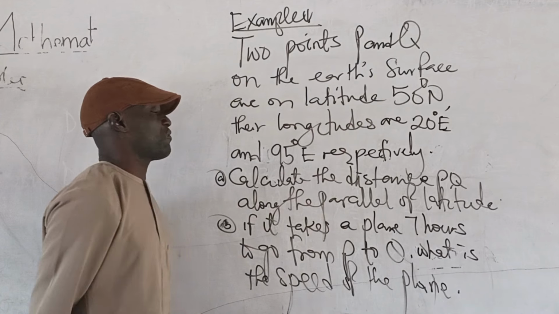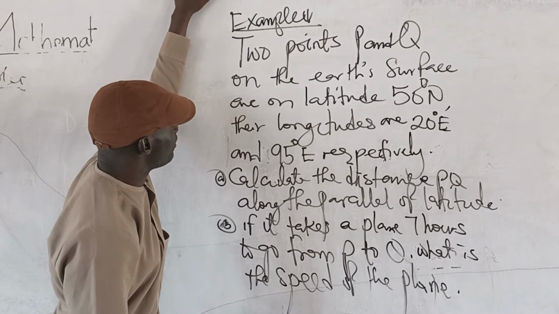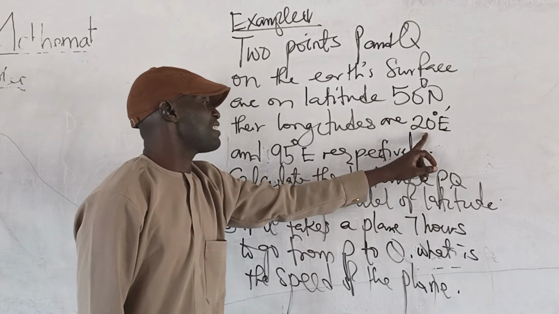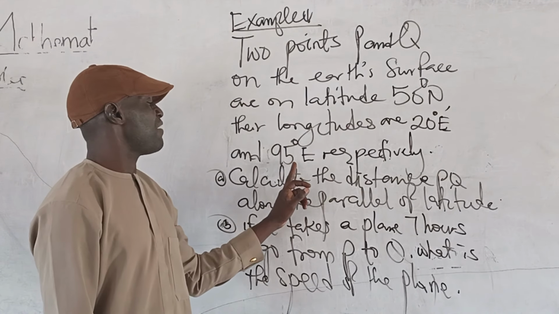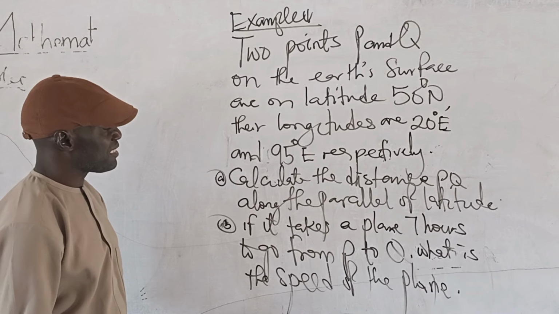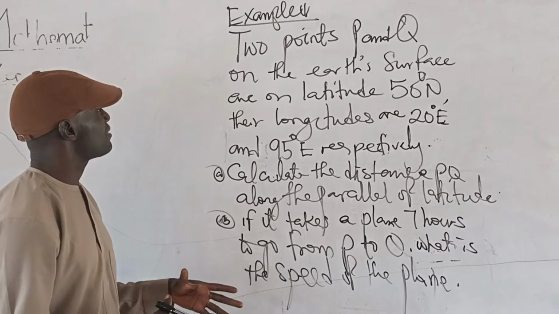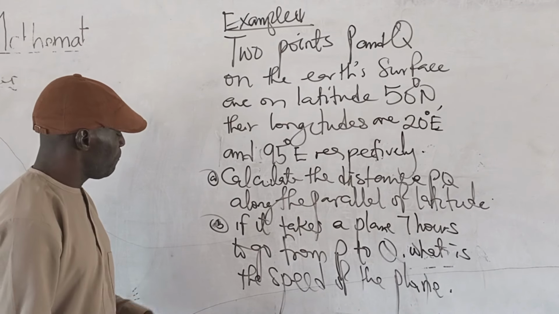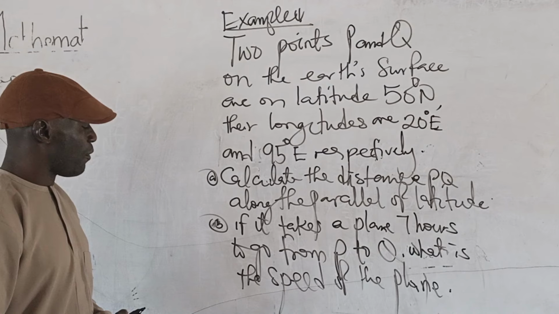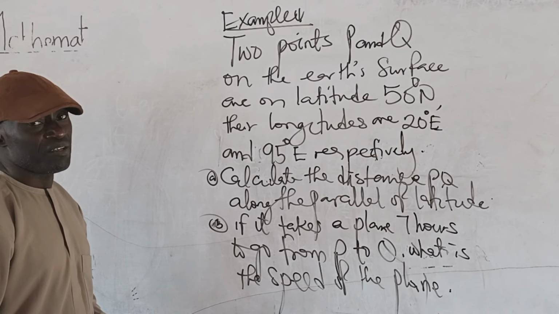Let me quickly go through the question. Example 4 says, 2 points P and Q on the Earth surface are on latitude 50 degrees north and their longitudes are 20 degrees east and 95 degrees east respectively. The question now says, calculate the distance PQ along the parallel of latitude, which is question 4A. 4B also says, if it takes a plane 7 hours to go from P to Q, what is the speed of the plane?